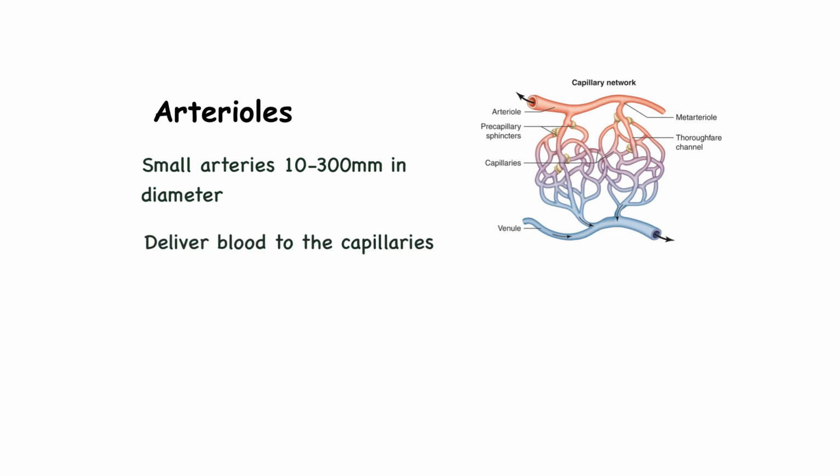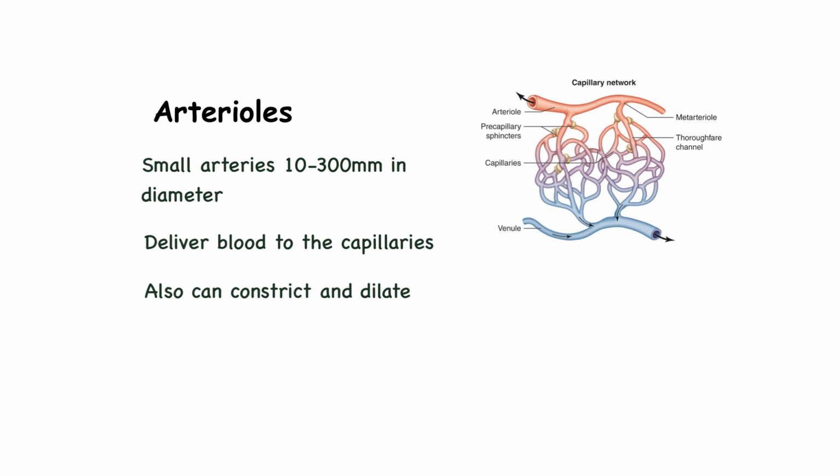So arteries are going to then converge into arterioles. Arterioles are small arteries, about 10 to 300 millimeters in diameter, that are going to then deliver blood to the capillaries. These are also capable of regulating blood flow and blood pressure, where they can have both constriction and dilation.